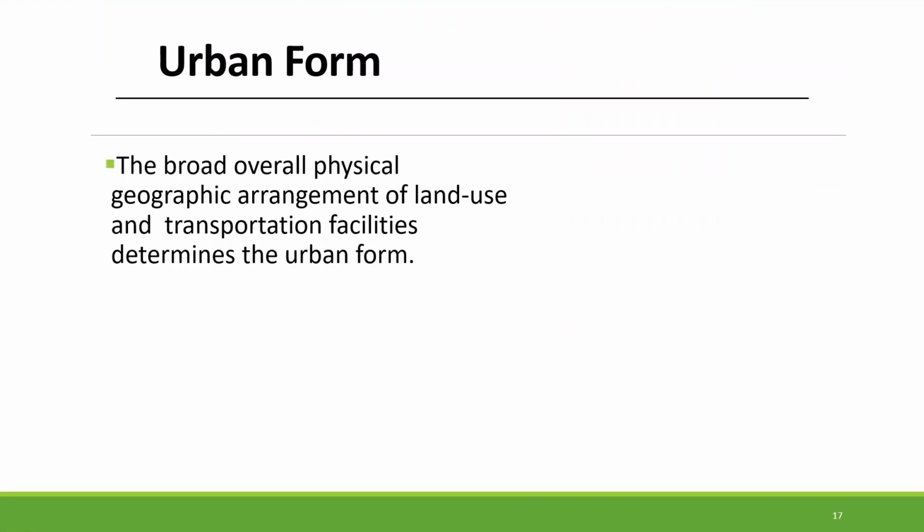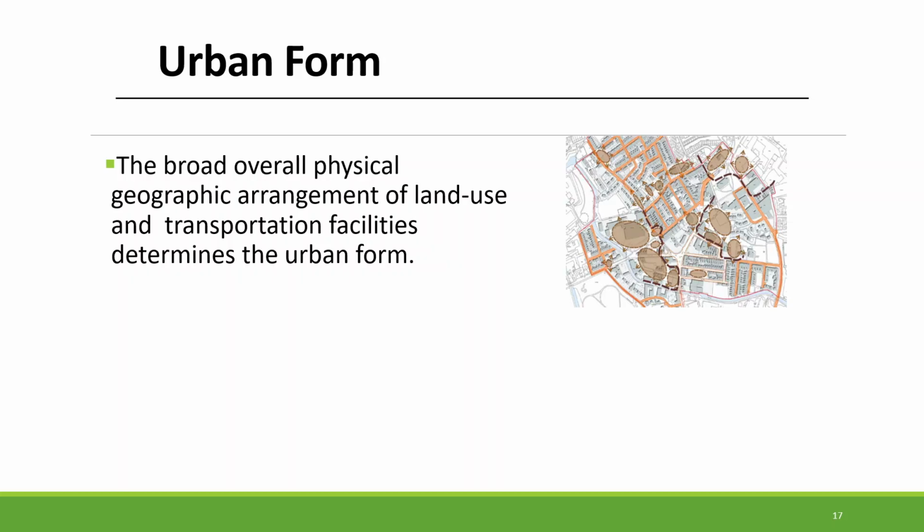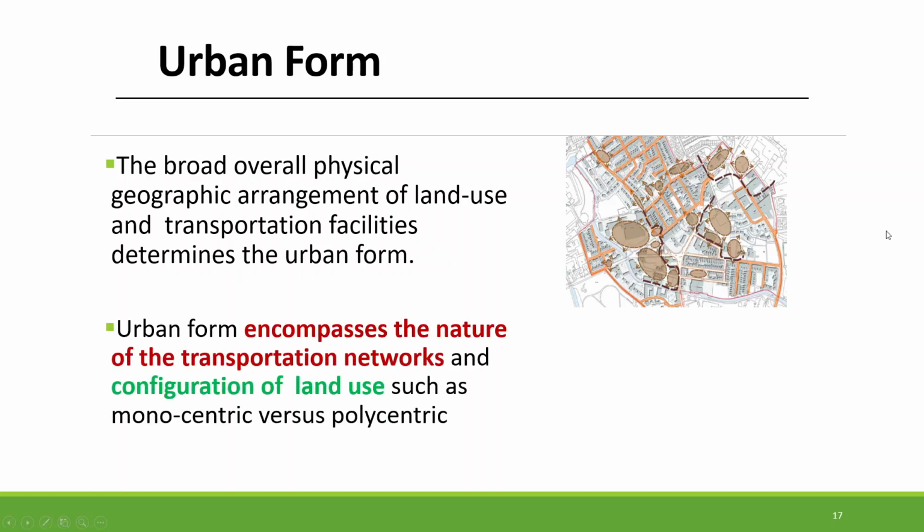So urban form can be defined as the physical and geographic arrangement of land use and transportation facilities. Now, depending upon what type of transportation system and land use configuration, land use patterns, or location of land use, that will determine what kind of city it will be.